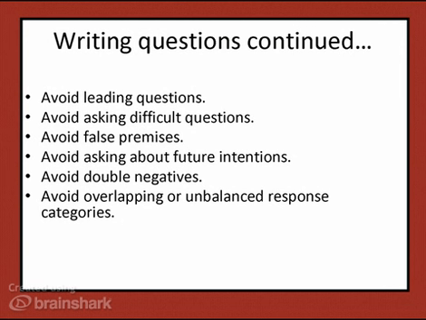You want to elicit honest and truthful responses. You want to be sure your responses are clear, that you're not using double negatives, that the questions aren't confusing. All of these considerations must be taken into account. And again, you can see this can be a very complex and time-consuming process.